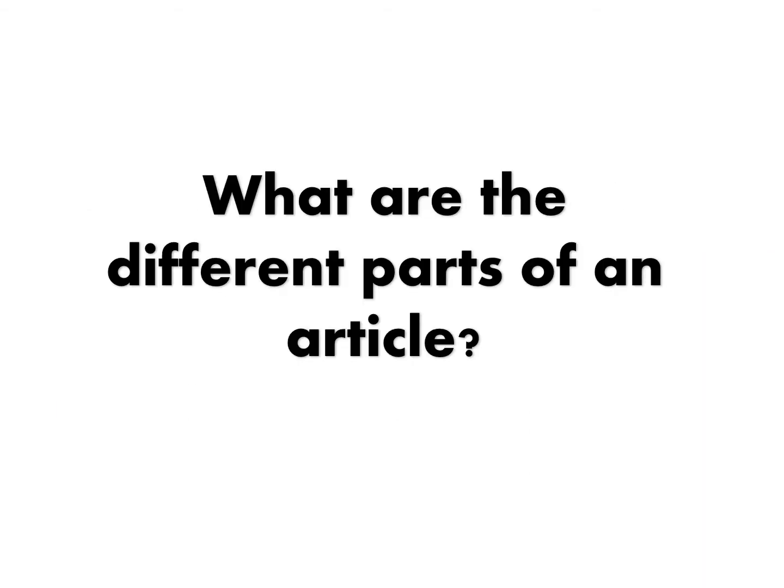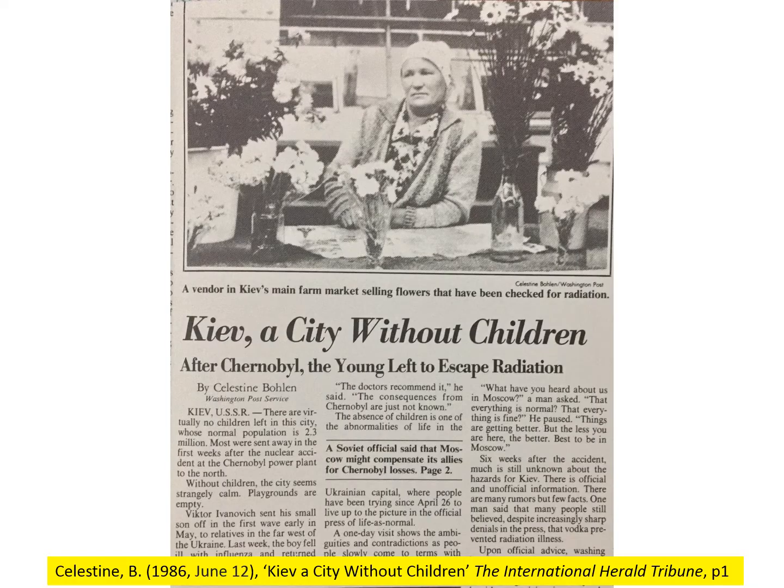Now, what are the different parts of an article? Look at this article again, and you don't need to read it, just look at it and see the different parts of it. What can you see? Of course, there is a title, Kiev, a city without children.